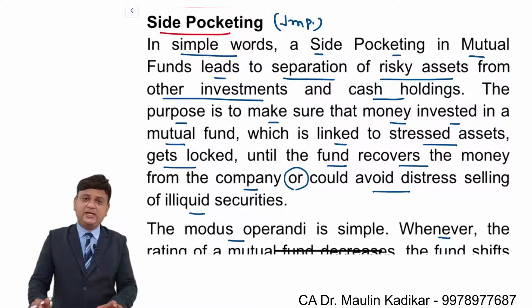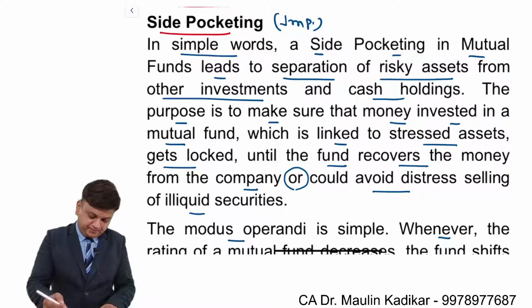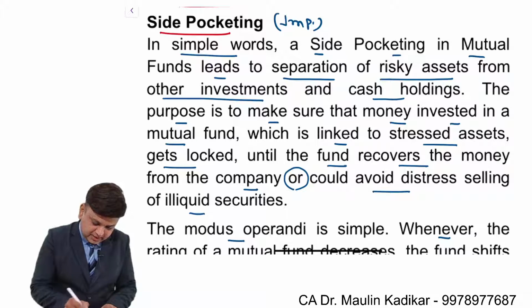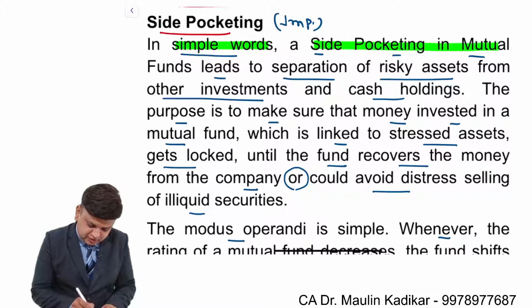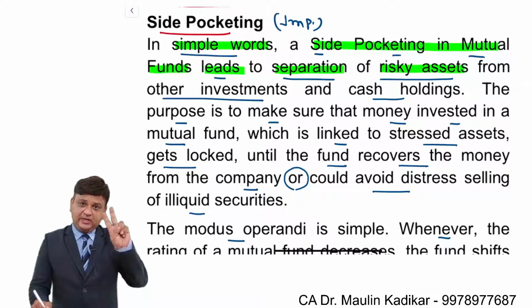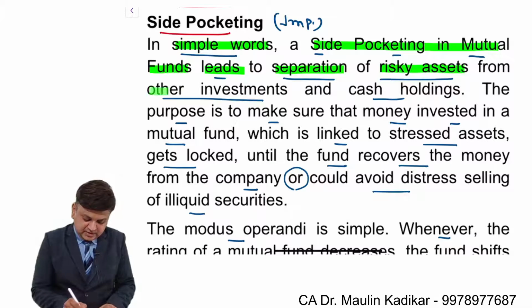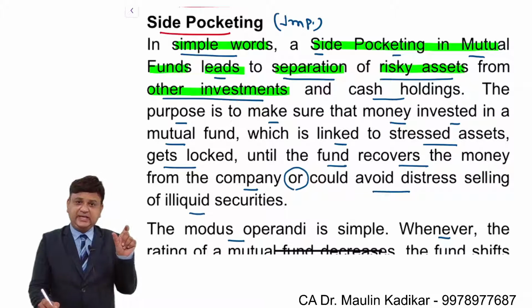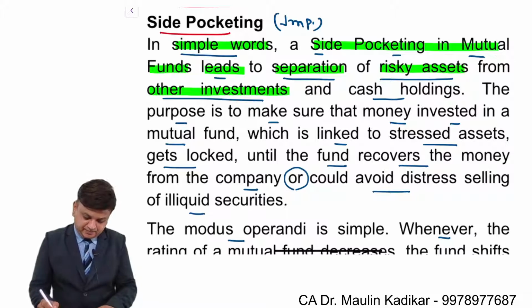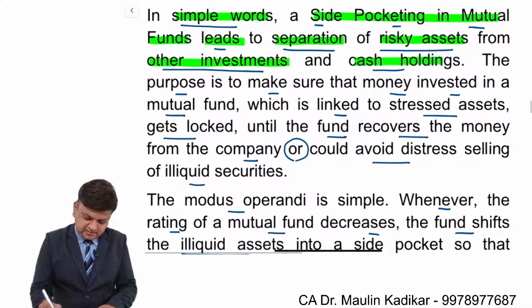Now I am reading the content of side pocketing. In simple words, side pocketing in mutual funds leads to separation of risky assets, that is that 2 lakh rupees, from other investments, that is that 8 lakhs of rupees, and cash only.